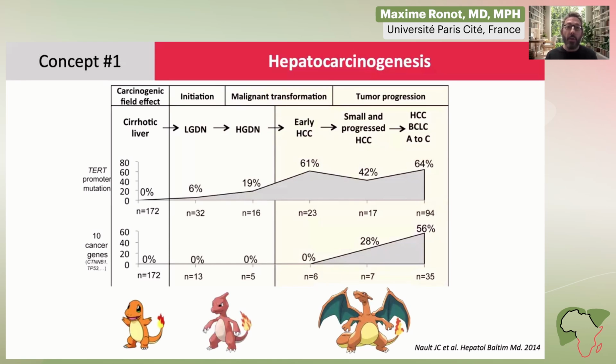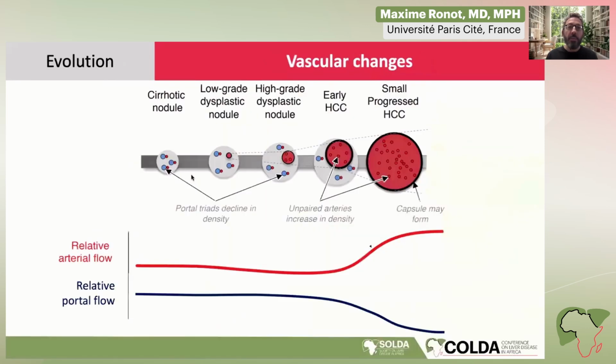And during this multi-step process, the tumors will accumulate some changes that we can see on imaging. The most famous and important ones are vascular changes. And we know that from the cirrhotic nodules to the progressed HCC, there will be a progressive increase in the number of abnormal arteries, so a relative increase in the arterial flow and a decrease in the portal venous flow.